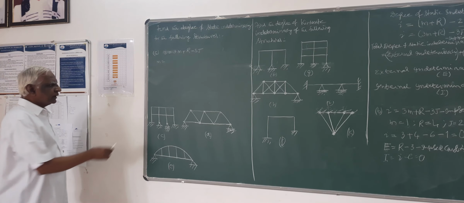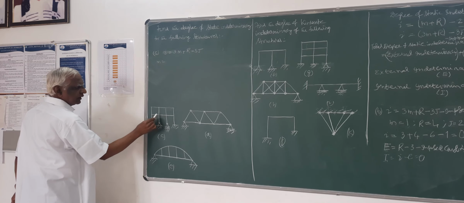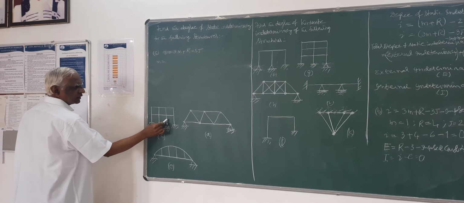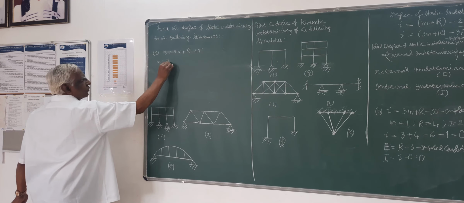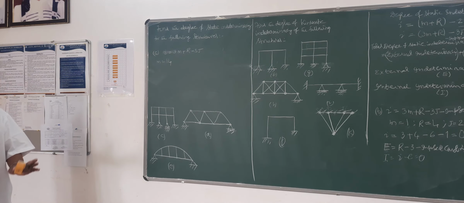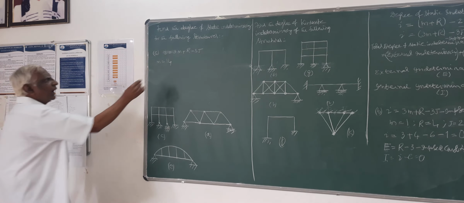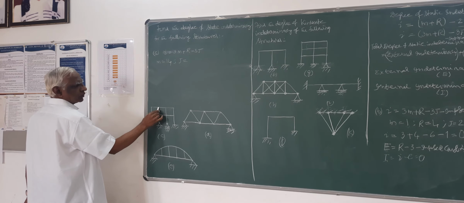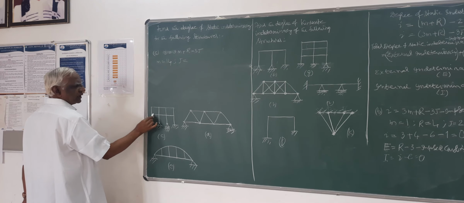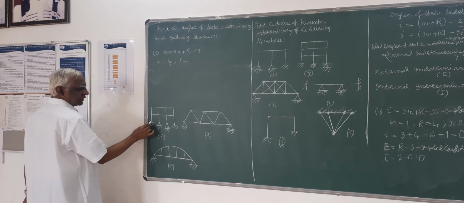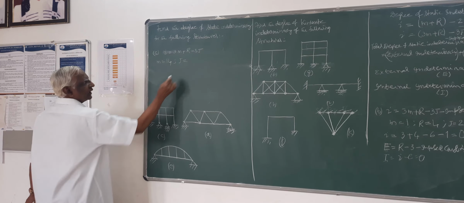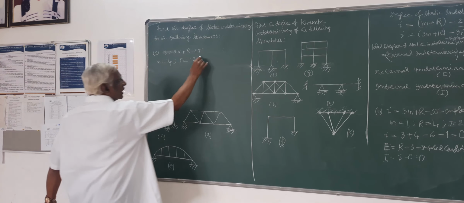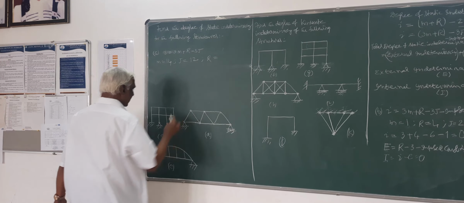You have to count it here: 1, 2, 3, 4, 5, 6, 7, 8, 9, 10, 11, 12, 13, 14. M is equal to 14. 14 elements are there, and the total number of joints here: 1, 2, 3, 4, 5, 6, 7, 8, 9, 10, 11, 12. Totally 12 joints are there, and then the total support reactions.